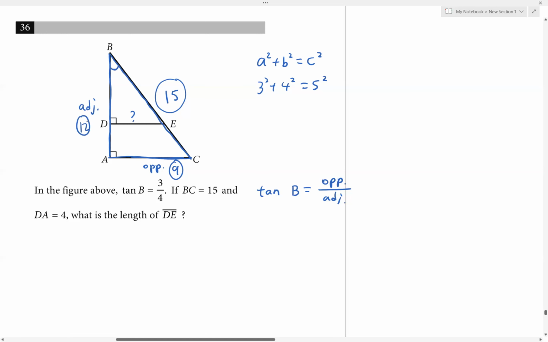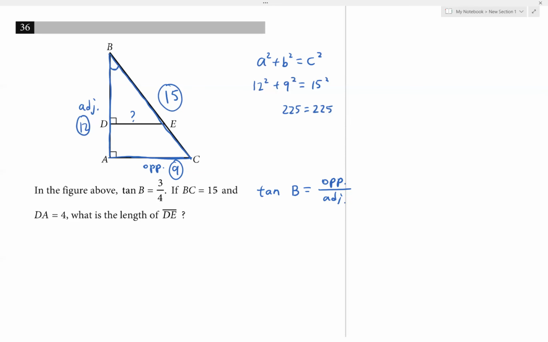If we do 12 squared plus 9 squared, that should equal 15 squared. You can verify this in the calculator: 12 squared plus 9 squared is 225, which is 15 squared, so it works. And 9 over 12 simplifies to 3/4, so the tangent of B is still 3/4.